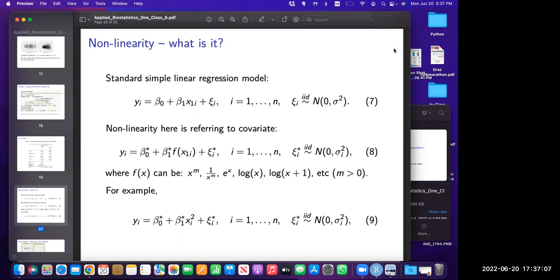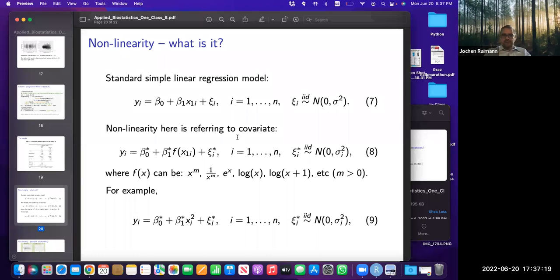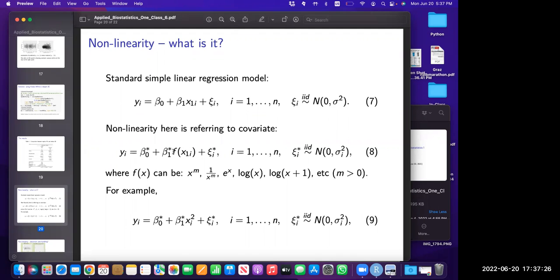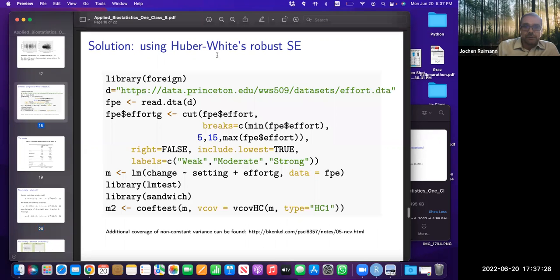So the beta star is basically a non-linearity when we're referring to a covariate. Correct. This means essentially that you have developed a nonlinear model that uses the Huber-White robust standard error, which allows you a more accurate estimate of the variance.